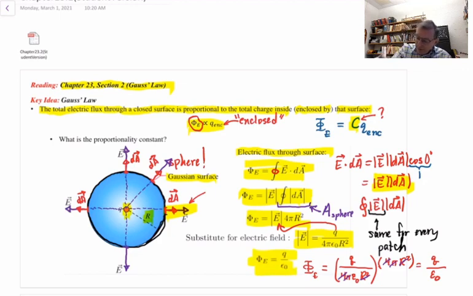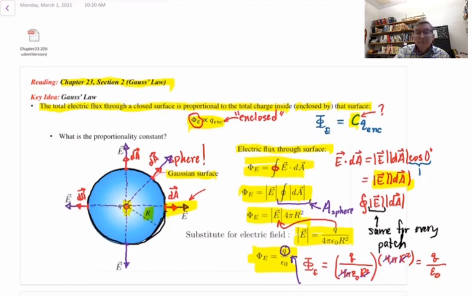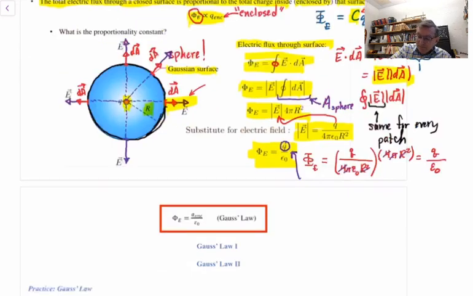Oh, but wait a minute. The Q I have here in this particular case, is it not the total charge inside the Gaussian surface? It is, isn't it? So that Q there is actually Q enclosed. And so what I've really shown you is what that proportionality constant is, right?